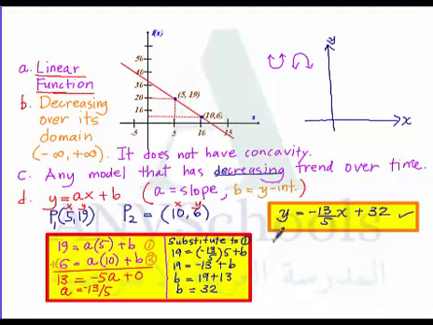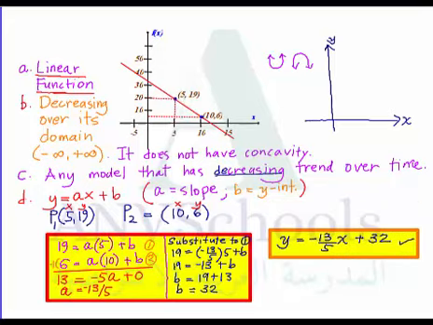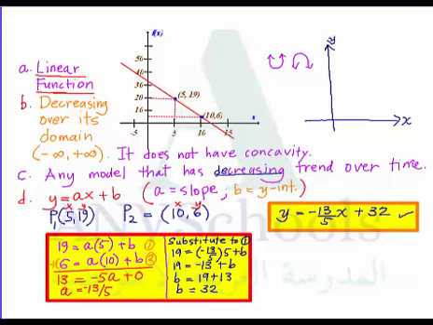Okay, to get the x-intercept, we have to let y be 0. So when y is equal to 0, we will have 0 is equal to negative 13 over 5x plus 32, giving us a value of x which is equal to negative 32 times 5 all over negative 13.